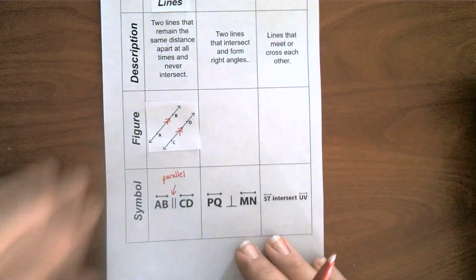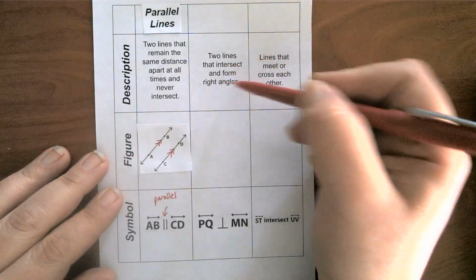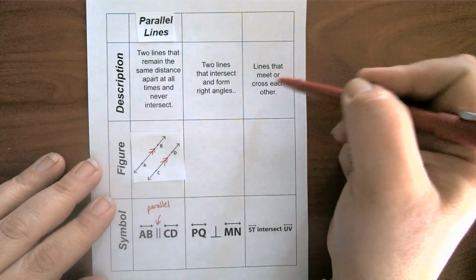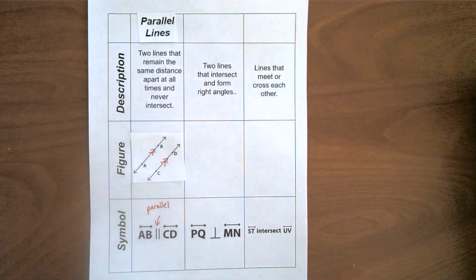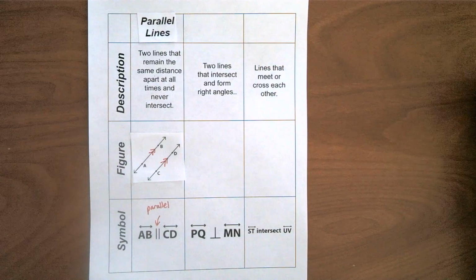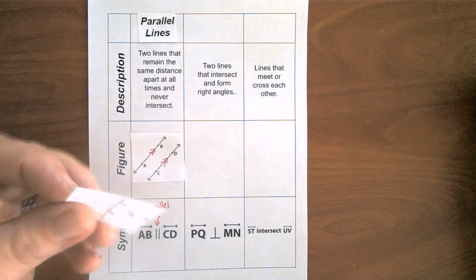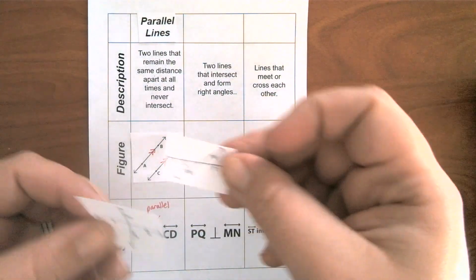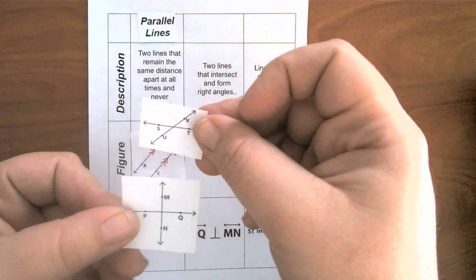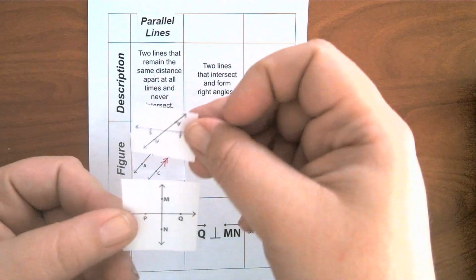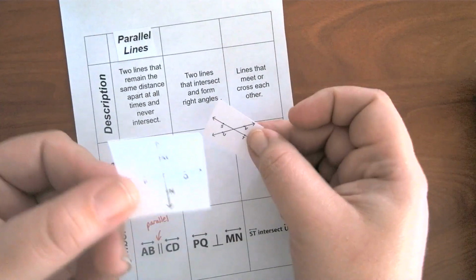So the next one is two lines that intersect and form right angles, and then we have lines that meet or cross each other. So what I have left, and I trimmed these down really close to the diagram so we could see them, is these two. So both of them are crossing each other, but right angles mean 90 degrees, so that would be this one.